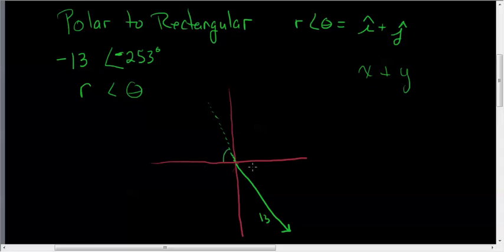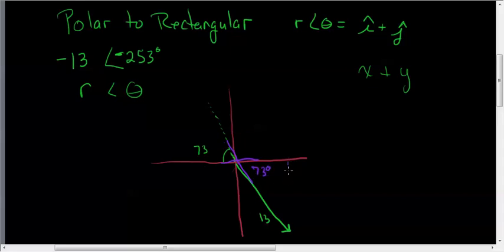Well, 90, 180, 180 plus what gets me 253? 180 plus 73 will get me 253. All right, well, if that's 73, when I come over here by vertical angles, let's see if I can make it a little darker so you can see it. By vertical angles, this is also 73 degrees.